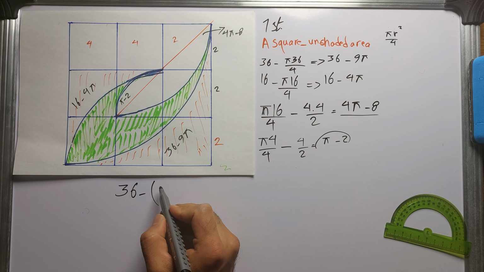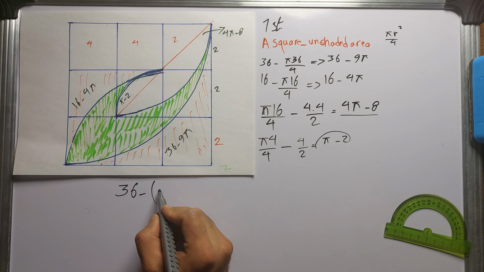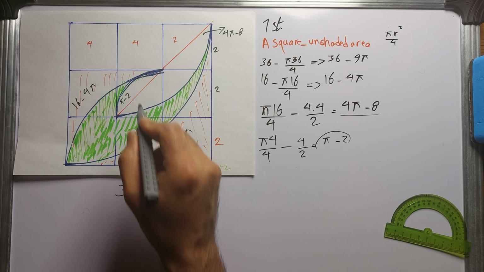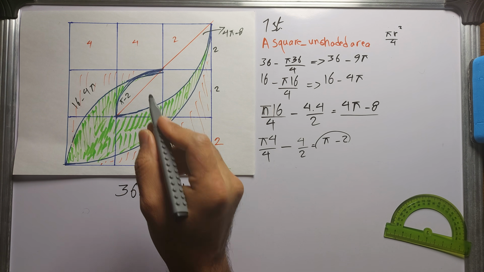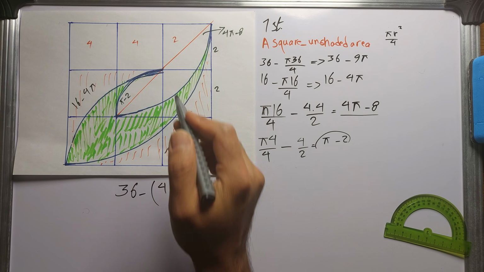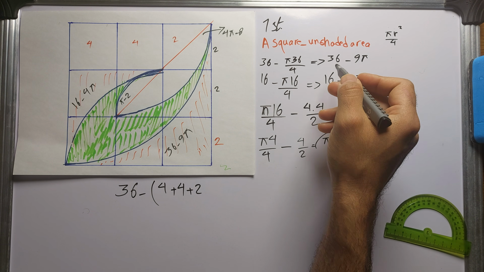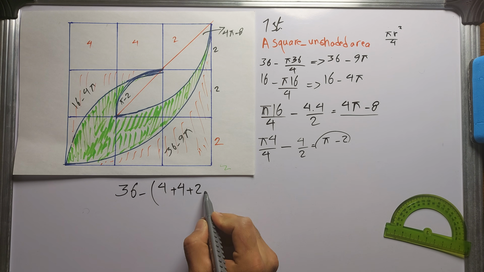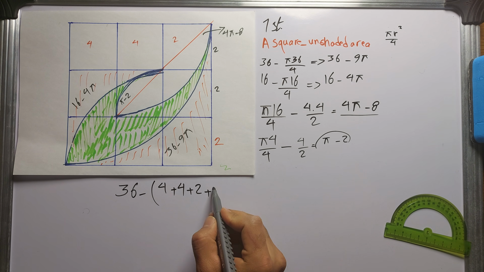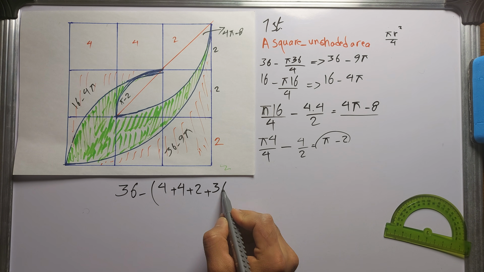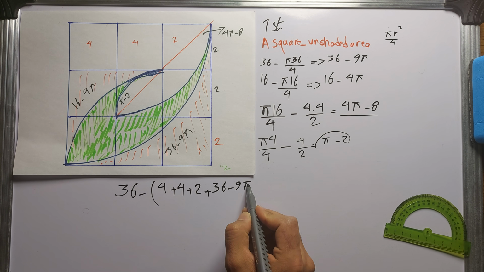So we have the 4 here, plus another 4, plus 2. So these three shapes here, and then we have our curves here. The first one was plus 36 minus 36 minus 9 pi.